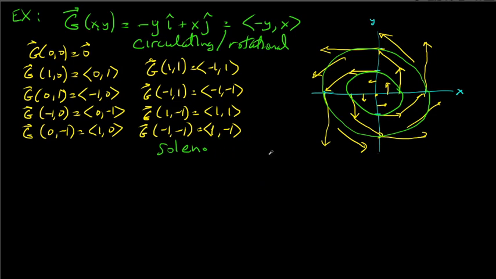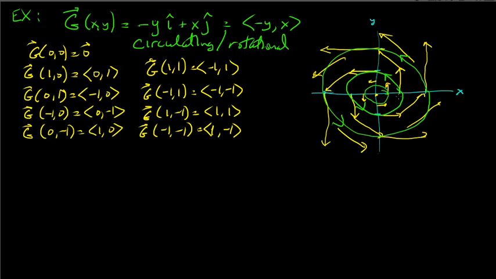But yeah, I don't think I'll use the word solenoidal. Circulating rotational is good enough, right? So yep, you're just going around in circles. In this case, counterclockwise. If you want to go clockwise, yep, just change the signs, right? Make it a plus y and a minus x, and then you'll go around clockwise instead of counterclockwise.